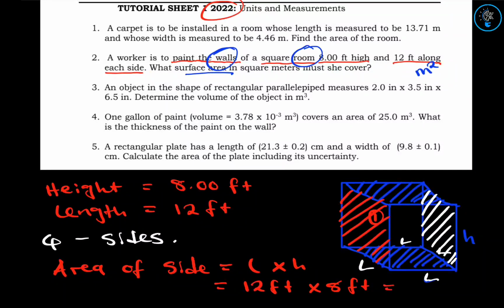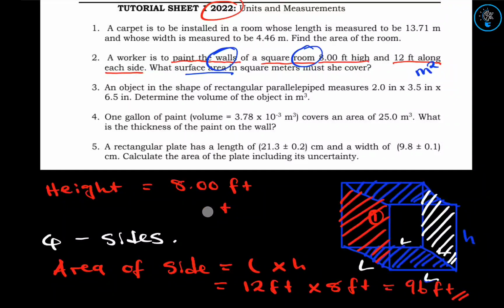That will be 12 times 8, which will give us 96 feet. Okay, we are not yet done. We have how many sides? We have 4 sides, and each side is identical. So we can now multiply this value times 4.